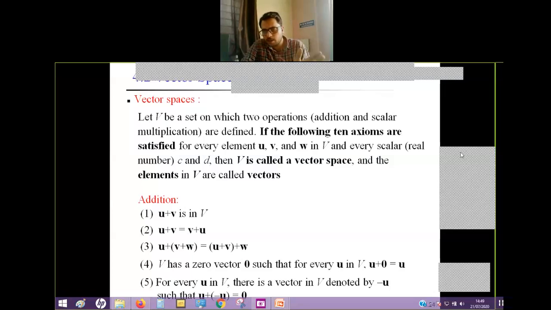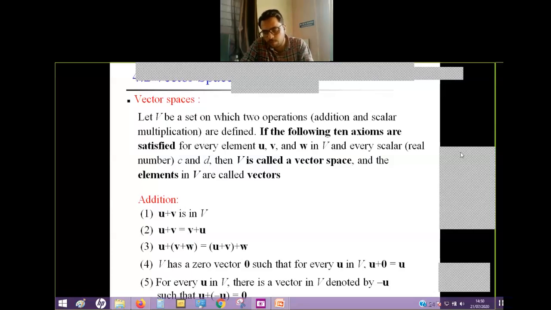If these 10 axioms are satisfied for every element in V, in general u, v, and w lying in V, and every scalar c and d, obviously the scalars are real numbers, and can take any value from the real number set, then V is called a vector space. And the elements in V are called vectors.